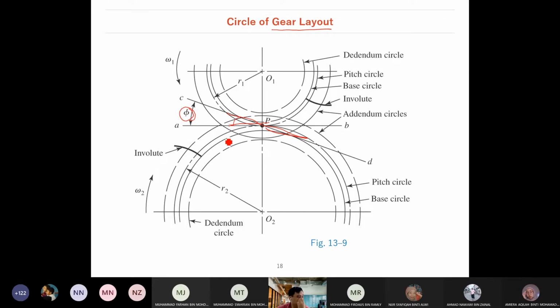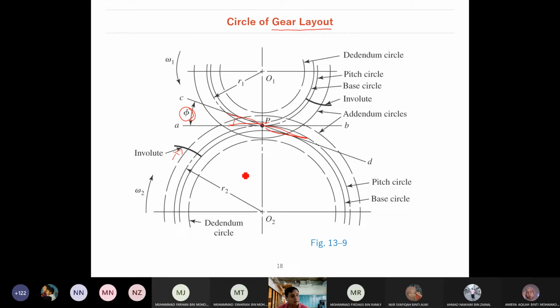Okay, alright, we call it as the pressure angle. Alright, so boleh faham, so tak ada apa, this is the teeth punya gear. Alright, dia ni nak cerita position of the base circle and also the pitch diameter lah, ataupun pitch circle kat situ. Alright, nak cerita lah macam mana the design of the gear.